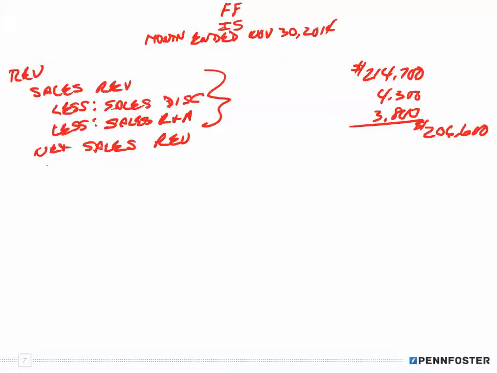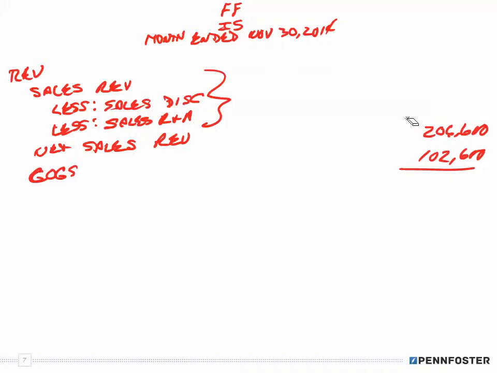So then, since I have my net sales revenue, I take out my cost of goods sold, which is 102,600, and that would give me a gross profit. So I need three columns here, and there's nothing wrong with the way I'm figuring out the columns.